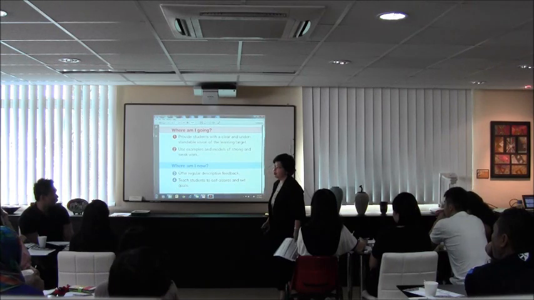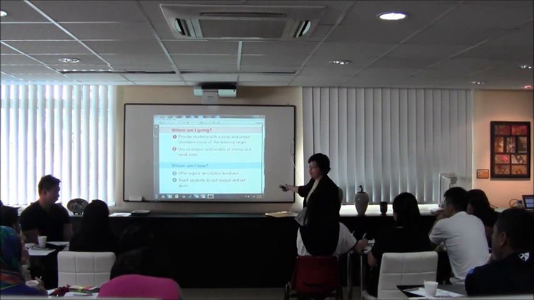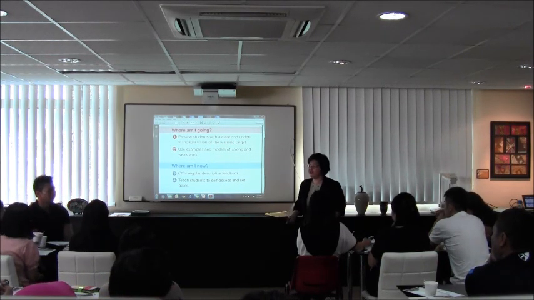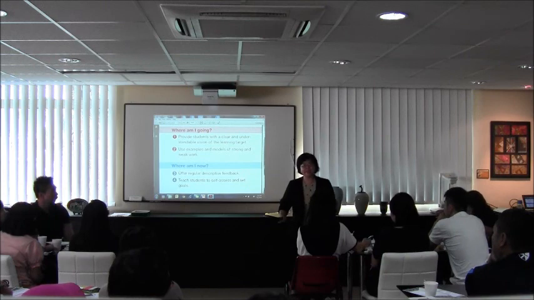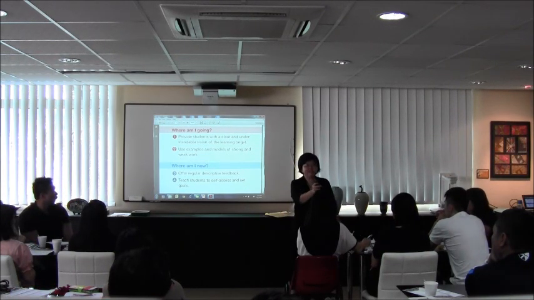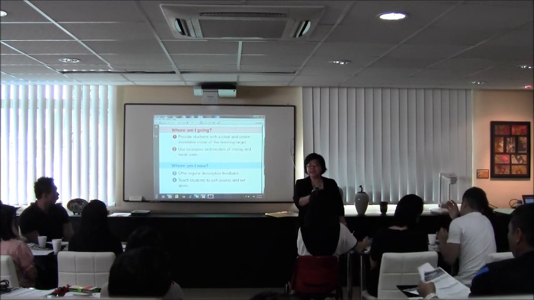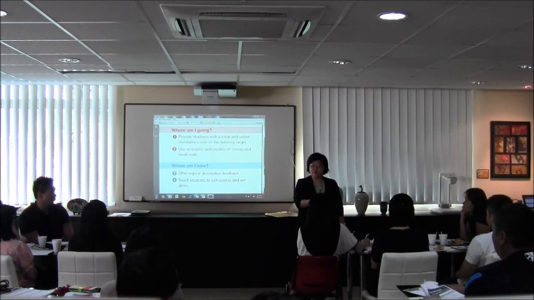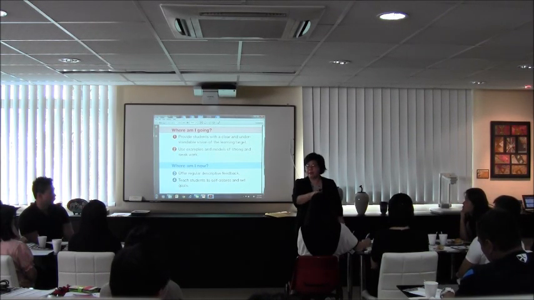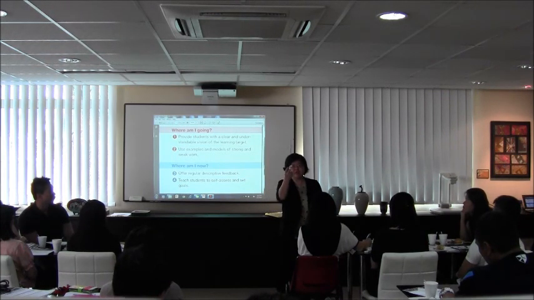This word, learning target, I will be explaining later. It's more than just learning objectives. Learning objectives sometimes can only be achieved after a few lessons, but a learning target is only specifically for that particular lesson. In learning study, which the Swedish adopt, they go for the particular object of learning.